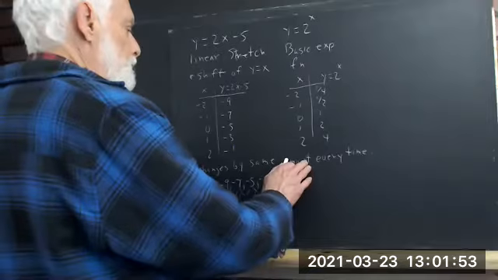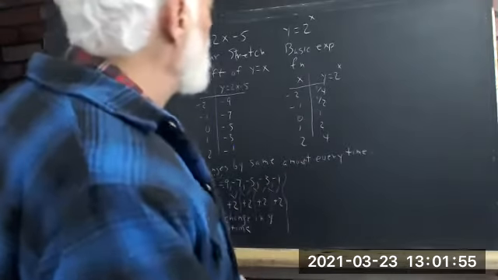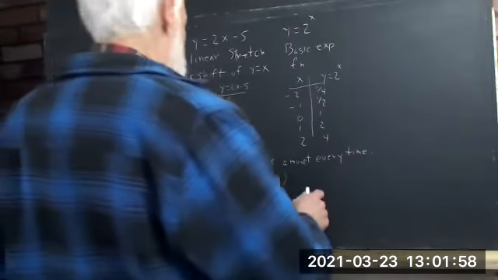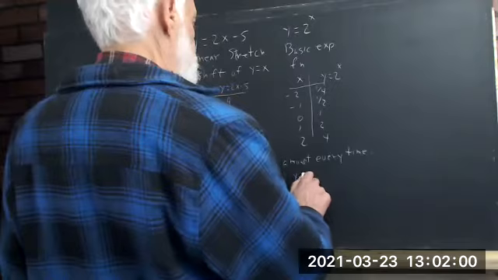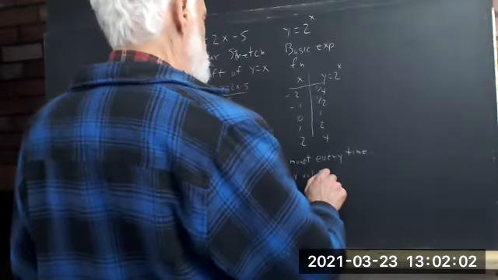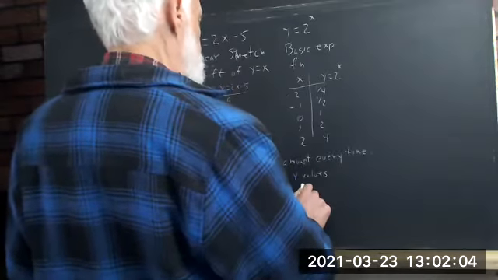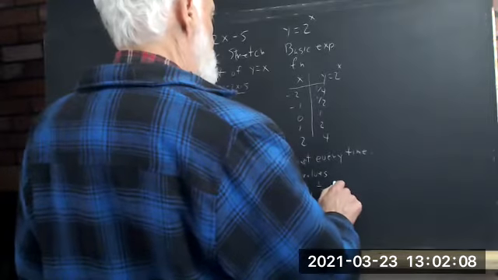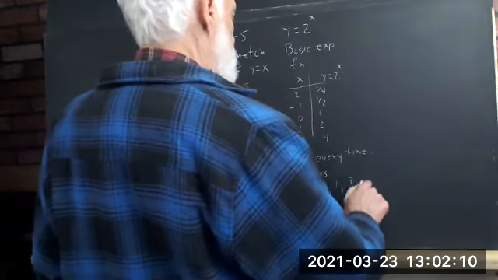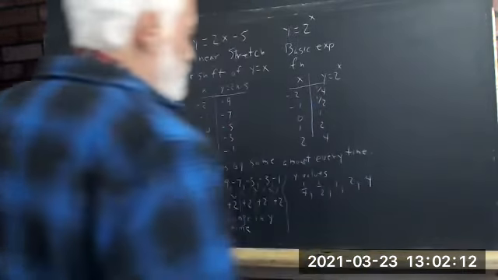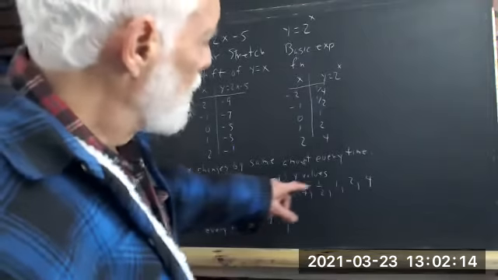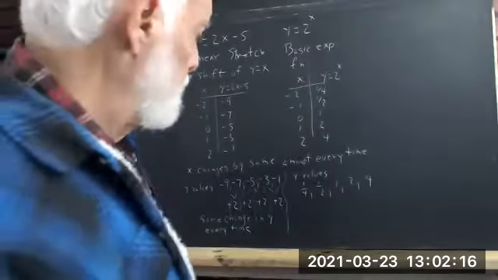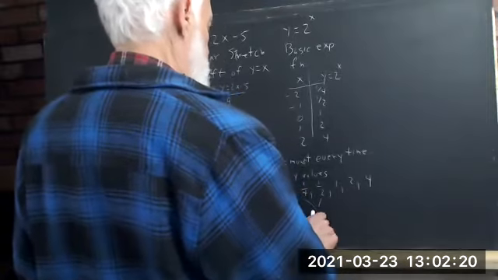Apparently can't spell. That's even worse, but okay. Okay, over here. Y values are 1/4, 1/2, 1, 2, and 4. They don't change by the same amount.